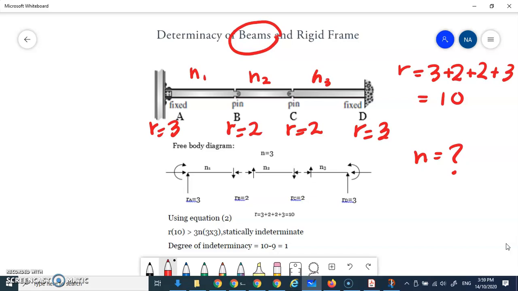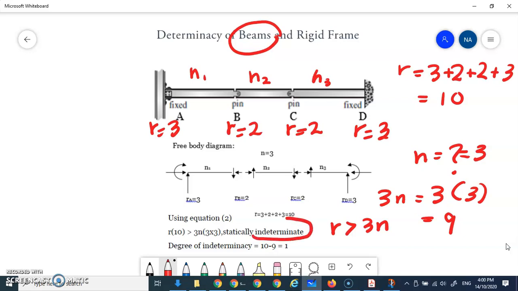Okay. So N here is equal to 3. So 3n is equal to 3 times 3, 9. Okay. So now R is greater than 3n. So we will become statically indeterminate.